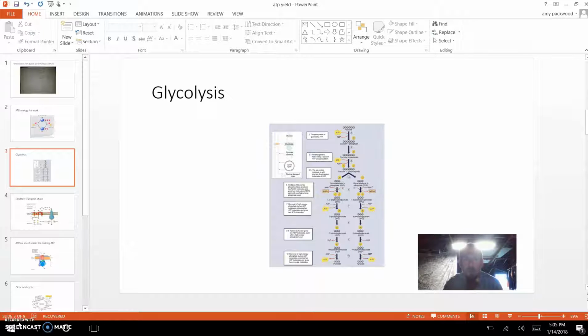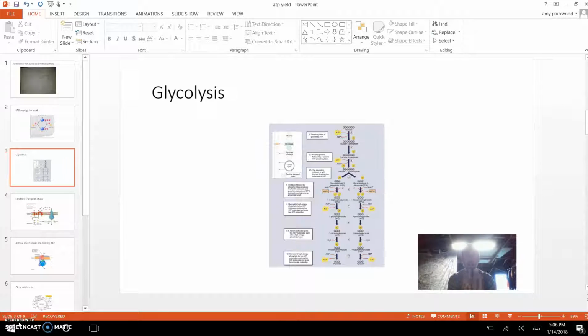Basically, with my diagram, I just want to go over the basic overview of what's happening in this production process. So we have food, carbohydrates, proteins, and fats, which then transform into glucose or fatty acids.